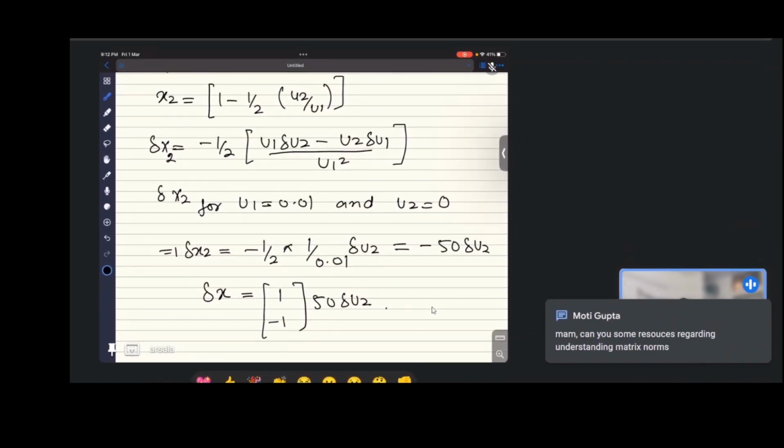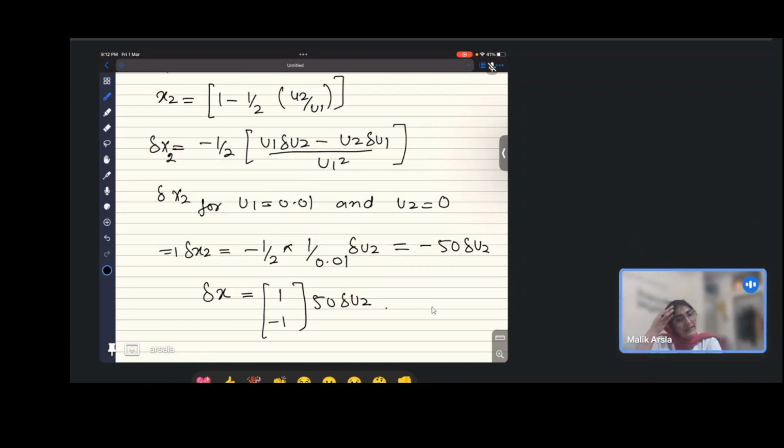Some resources regarding understanding of matrix norms: I think you have the NPTEL lectures on this, the course you are doing. Other than that, there are some books you can go through, like Kreyszig, and another book known as Applied Mathematical Methods by Bhaskar Dasgupta.